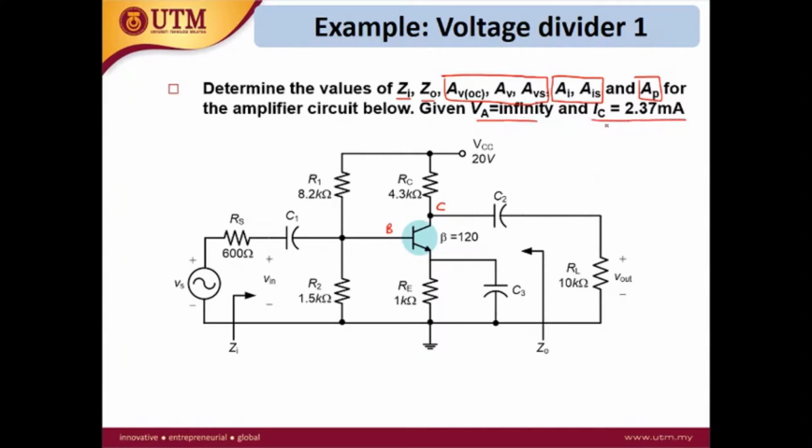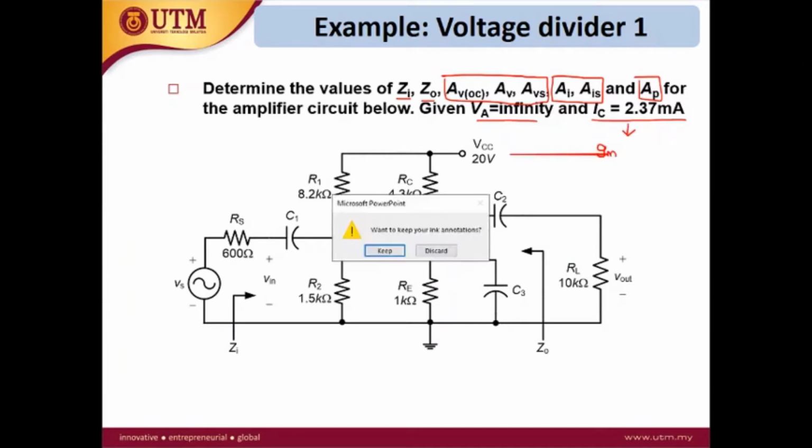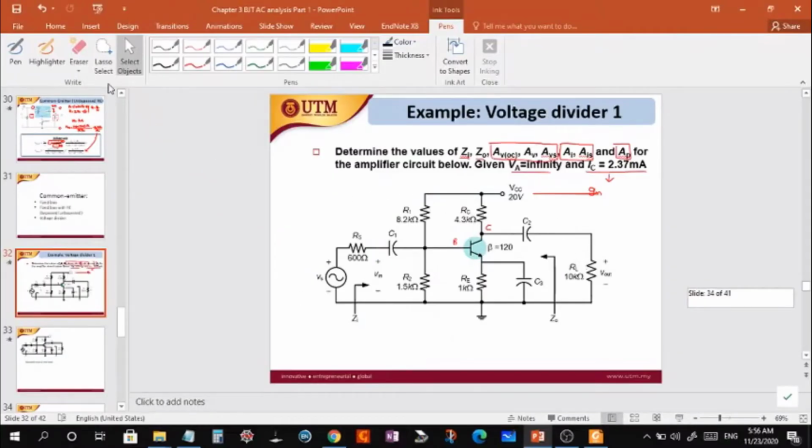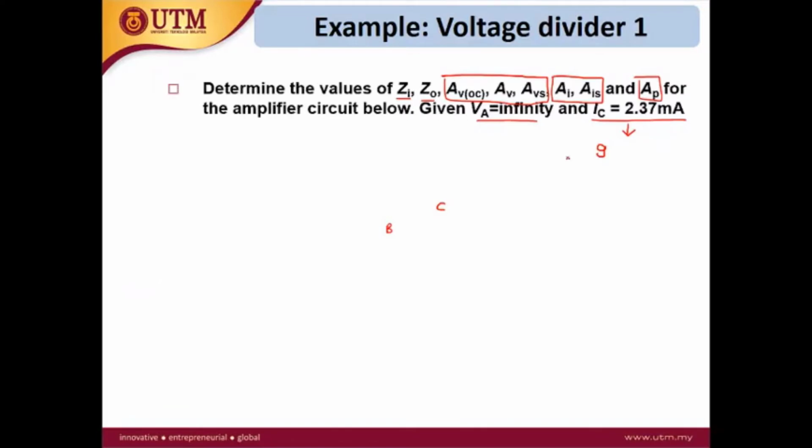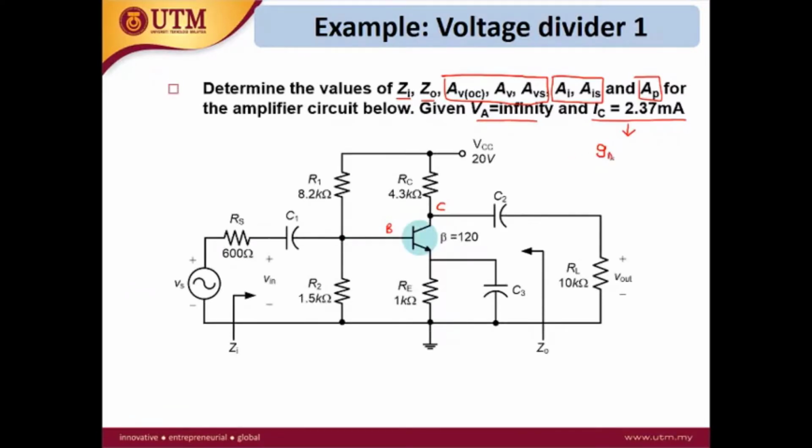Okay, the value of IC is very important because we want to calculate gm. So the value of IC is needed to calculate gm. So gm is equal to IC over 26 milli.